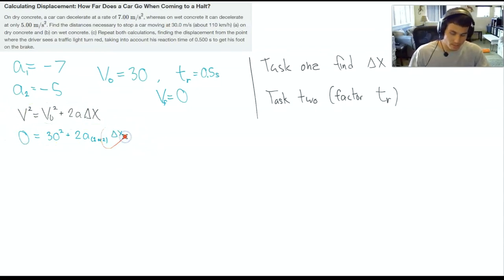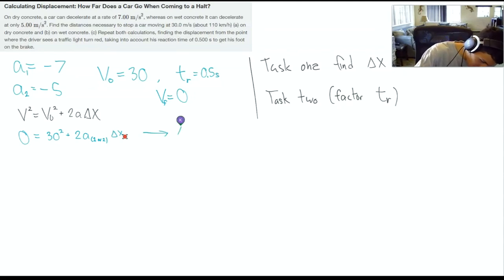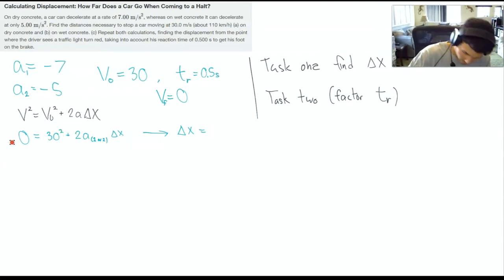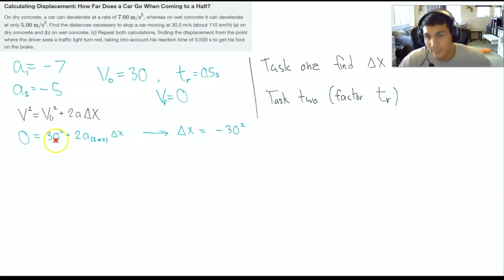Now we want change in x, so maybe we should try to solve for change in x first. So change in x is going to be equal to what? Well, there's a 30 squared on this side, so let's put the 30 squared on the other side. So we'll go negative 30 squared, and then let's divide by 2a.